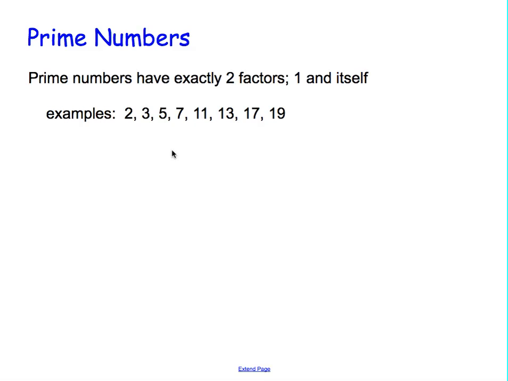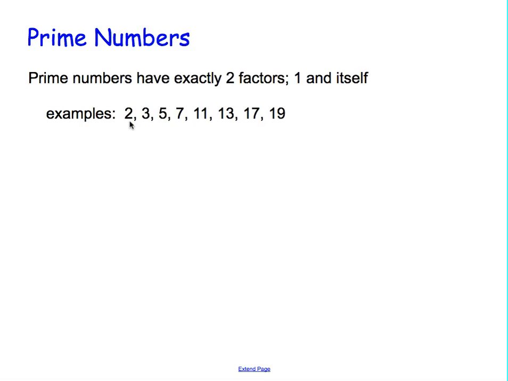Now I want you to notice something too. The number 2 is the only even number that is prime. It's the only even number that is prime. Every other even number is divisible by 2. So all of those other even numbers are going to have the factors 1, itself, and 2, and maybe more.